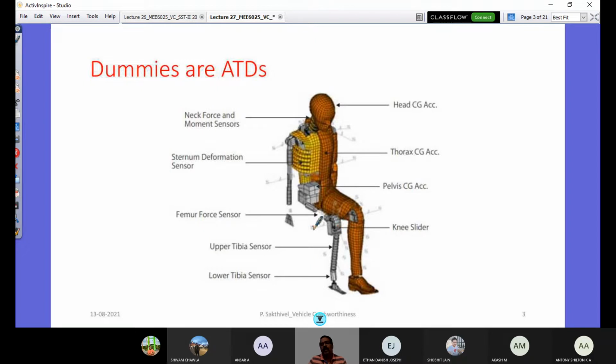So on one side we have dummy development, and on the other side we have a computational facility, a mathematical advantage. They can replicate the dummies: a real-time crash simulation test can be replicated in a virtual environment using finite element methods.